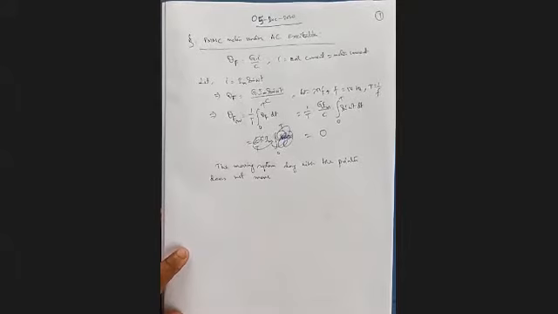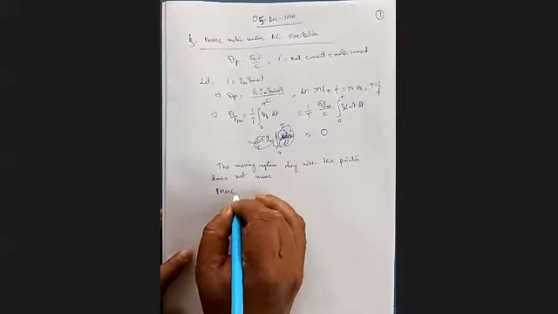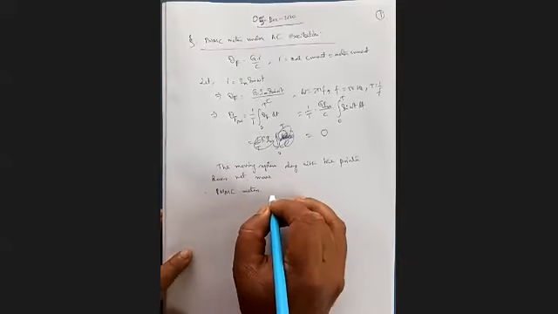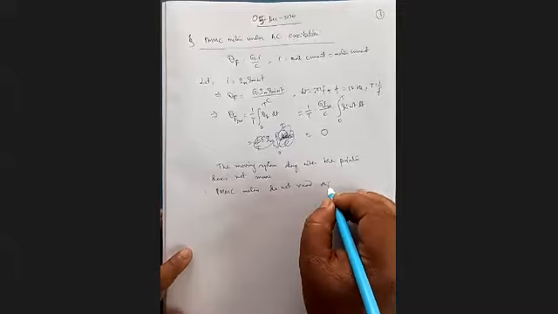So a PMMC instrument cannot be applied in an AC situation. It can be used only in DC. PMMC meters do not read AC.